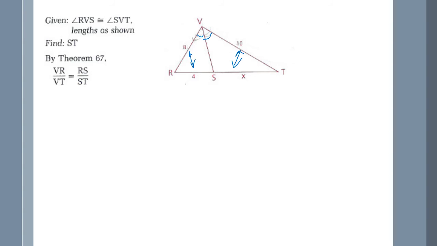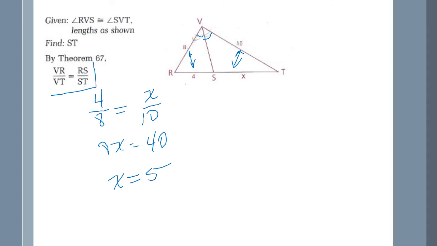So we know that 4 over 8 is going to equal x over 10. And so we can cross multiply and end up with 8x equals 40. So x equals 5.